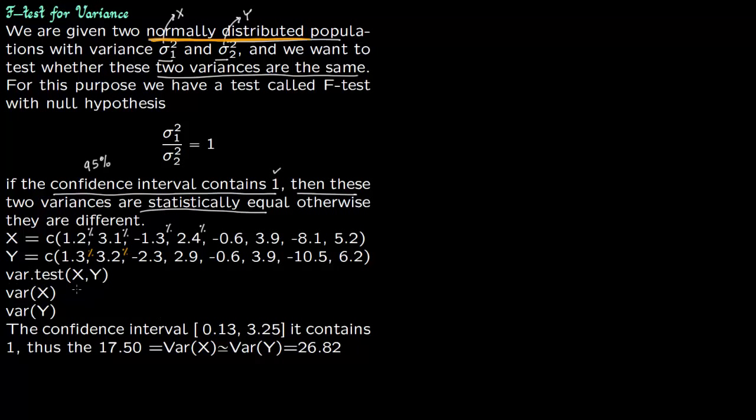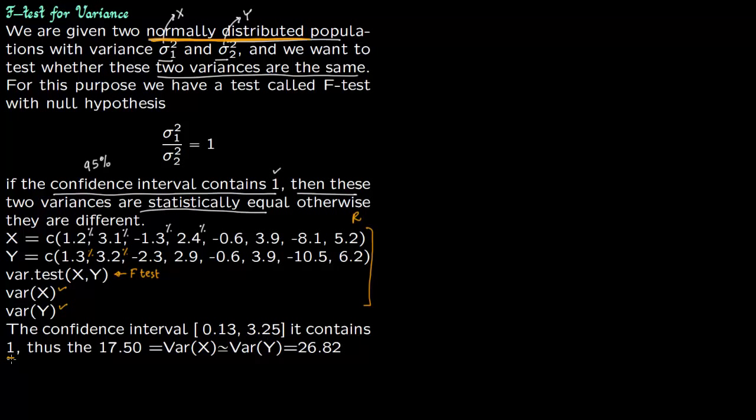So you run a variance test. This is the F-test. All these are a set of commands which you run in R. This is the variance of X and this is the variance of Y. Once you run this test, you will get a confidence interval. For these values, you get this confidence interval 0.13 to 3.25.